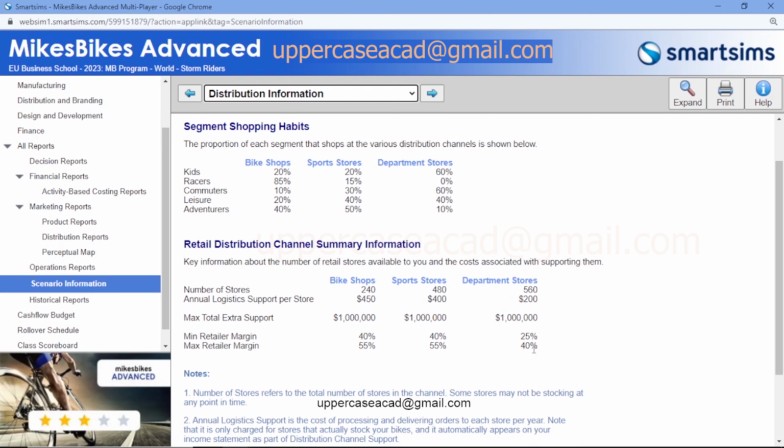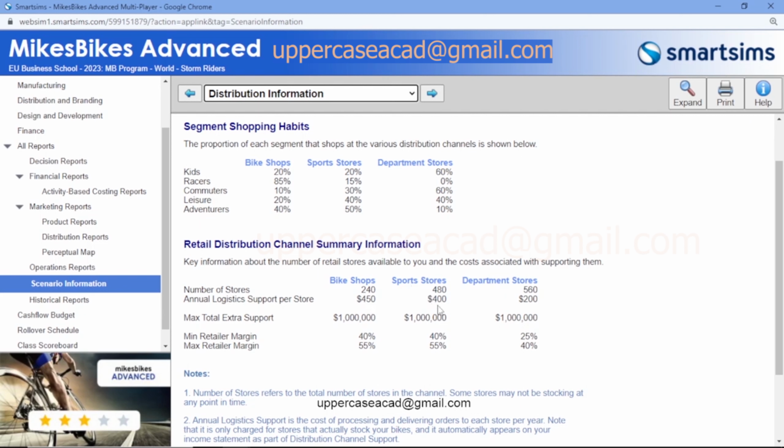In the annual logistics support per store, this is the cost of processing and delivering orders to each store per year. The cost for delivering to a bike shop is 450.